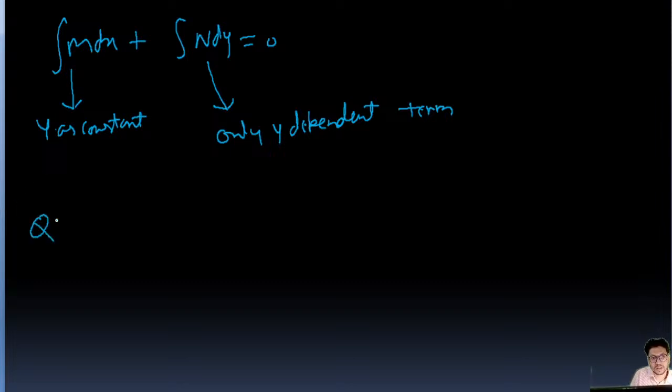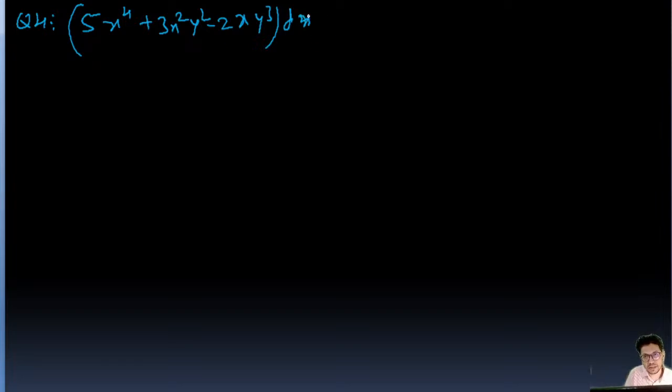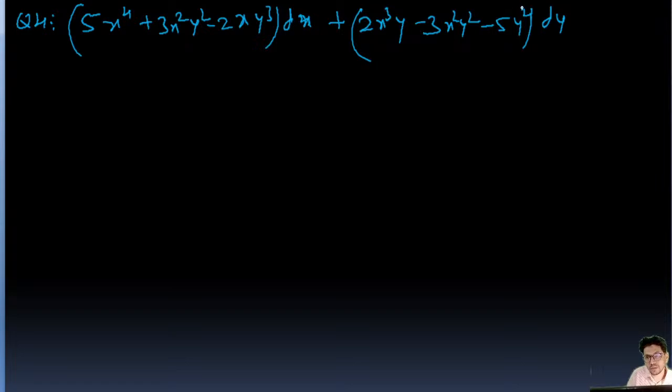I'll take one example, question 5. The question is (5x^4 + 3x^2y^2 - 2xy^3) dx, this is M, which is a function of x and y, plus (2x^3y - 3x^2y^2 - 5y^4) dy.